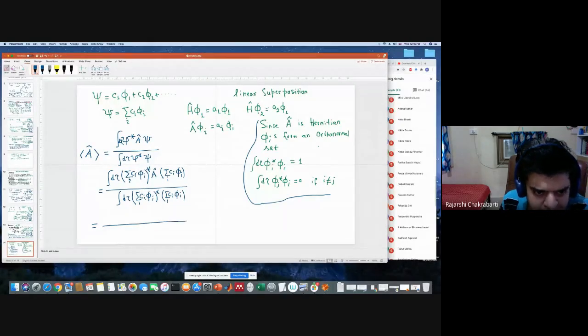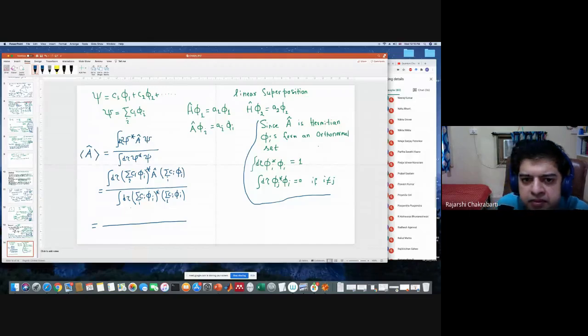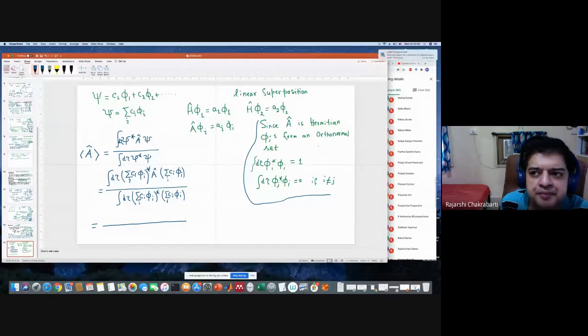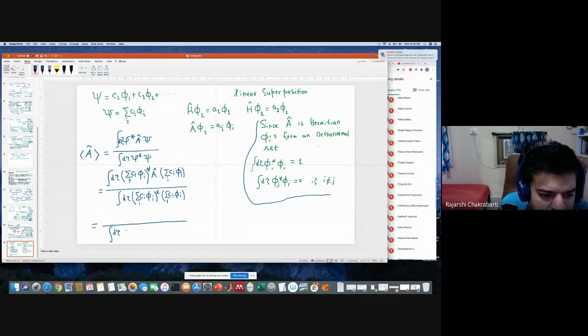What is the denominator going to be? These C's are just numbers, they could be complex numbers also. So essentially what I'm going to get in the denominator is something like the sum over i, j of Cj star Ci, and then phi j star phi i.